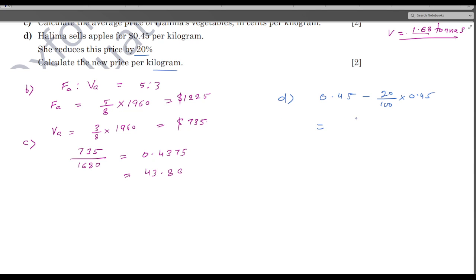So here your price for apple is $0.36 per kg. Calculate the new price per kilogram. It is $0.36 per kilogram.